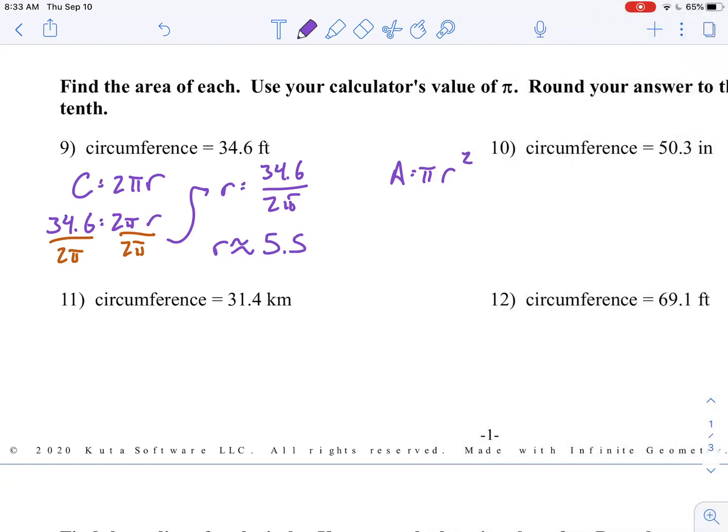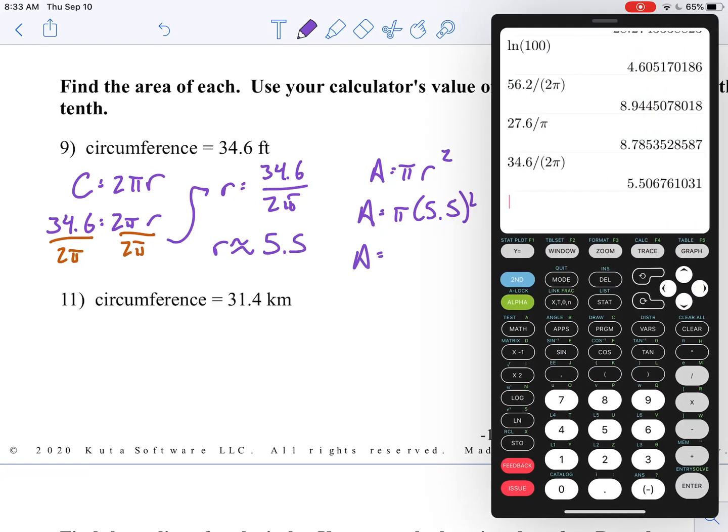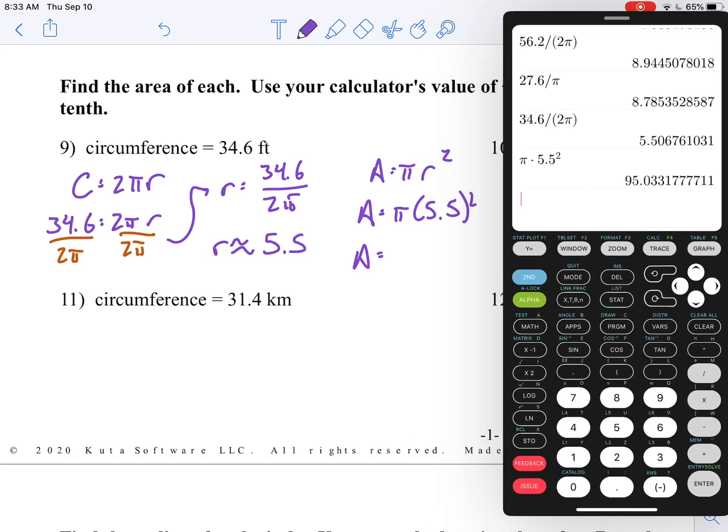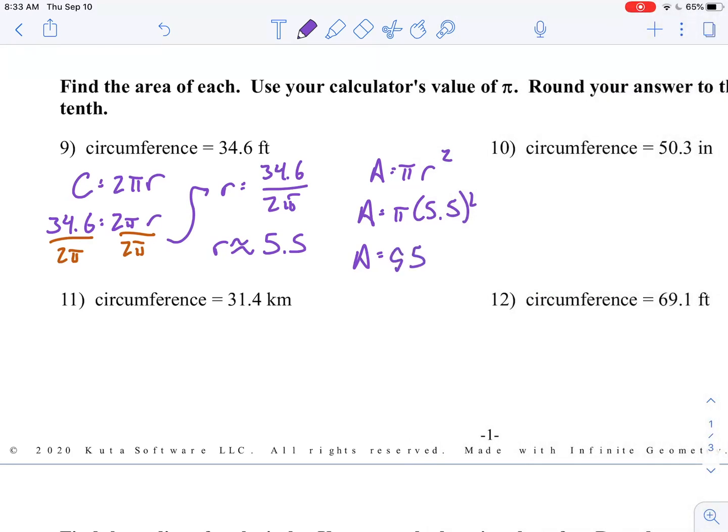So I can plug 5.5 into the formula for the area, and simply enter this expression in my calculator. And I get 95.0. Now don't forget, since this is an area, it's units squared, so we're going to do feet squared.